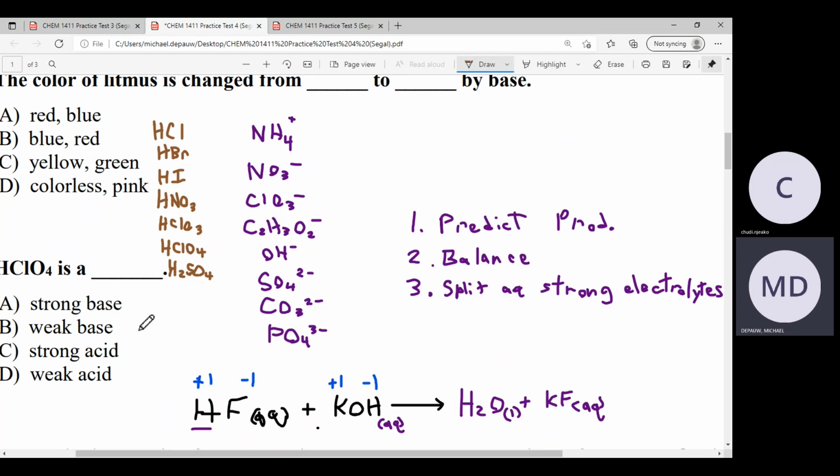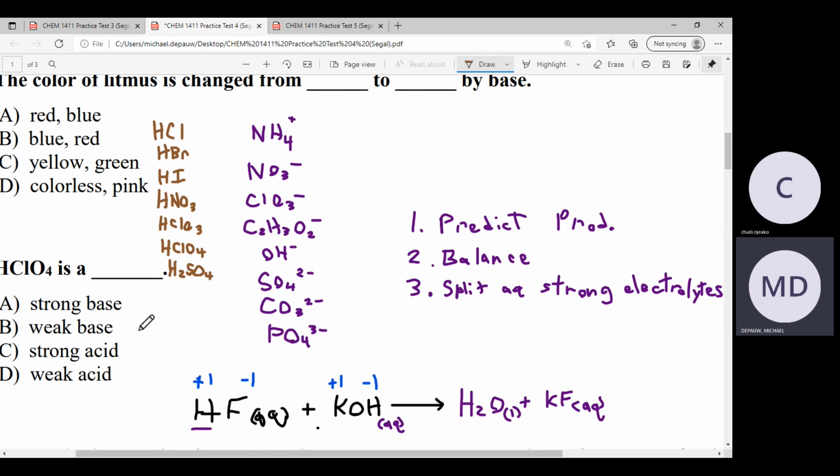What about KOH? Will that split? Is it ionic? Potassium's a metal, right? And OH is a nonmetal, right? Well, actually, those are the polyatomic ion. So metal, nonmetal? That's ionic.